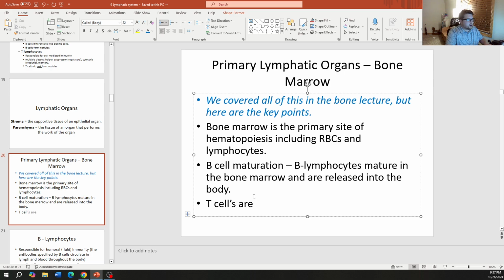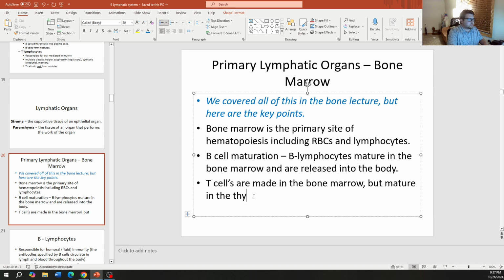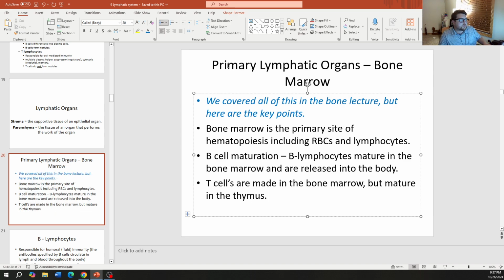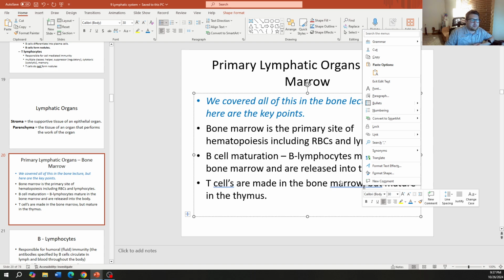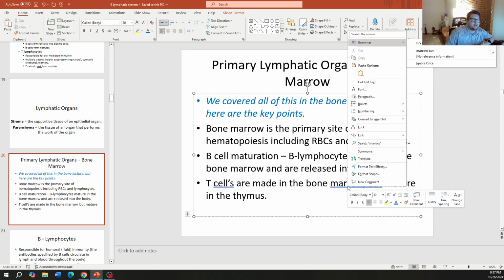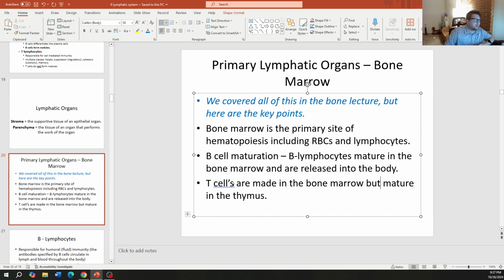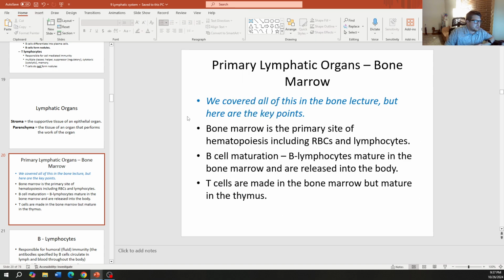T cells are made in the bone marrow, but mature in the thymus. So the bone marrow is responsible for making these cells. If you connect the dots: B cell, B lymphocyte, bone marrow; T cells, thymus. T goes to thymus, B goes to the bone. Okay?